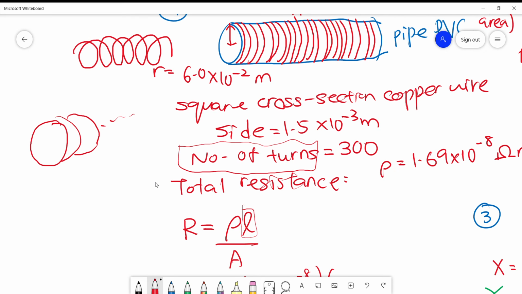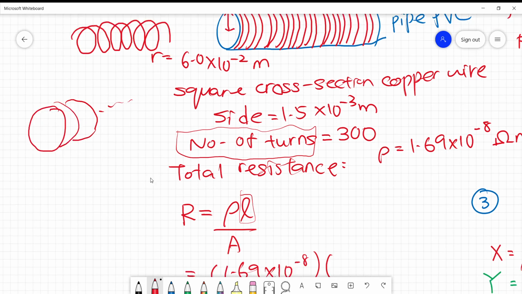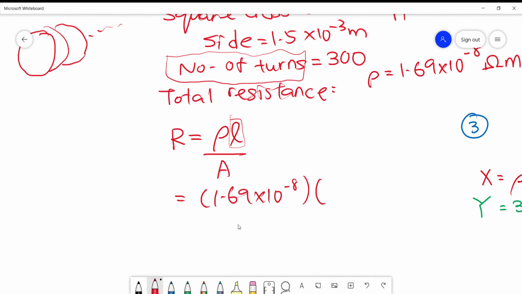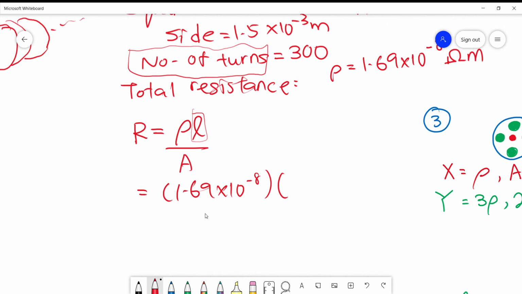For the first turn, my length L is 2 pi r, since the copper wire is surrounding the PVC pipe.